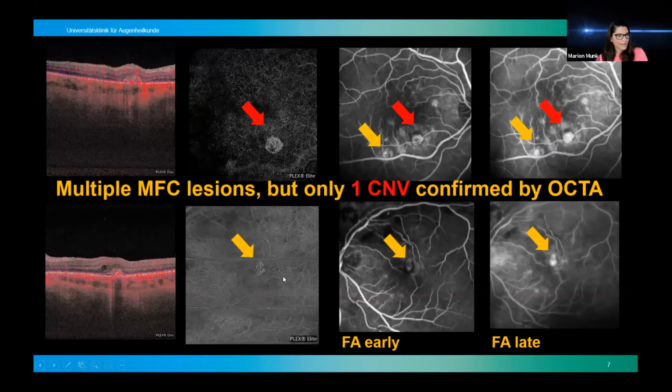In the left eye, the findings of the early and late FA correspond to the findings of the OCTA, where you can definitely identify the secondary inflammatory CNV being present.